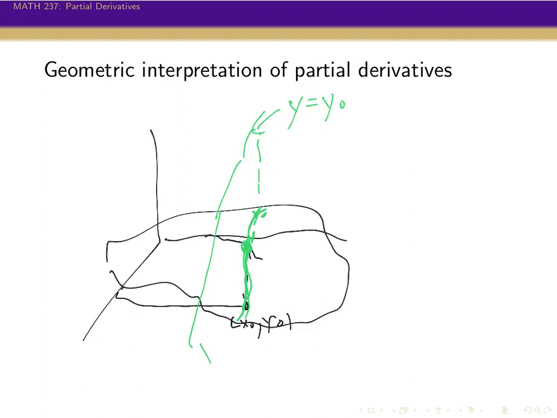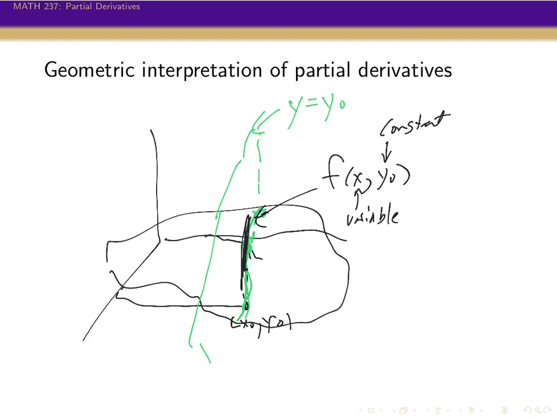And so now we have something one-dimensional, right? And so this curve right here is f of x comma y naught. The y naught is a constant, x is a variable. So we're down to one variable, so we can do the derivative same as we did there. And then the value of the derivative is going to correspond to the slope of the tangent of this line going along the plane. Right?